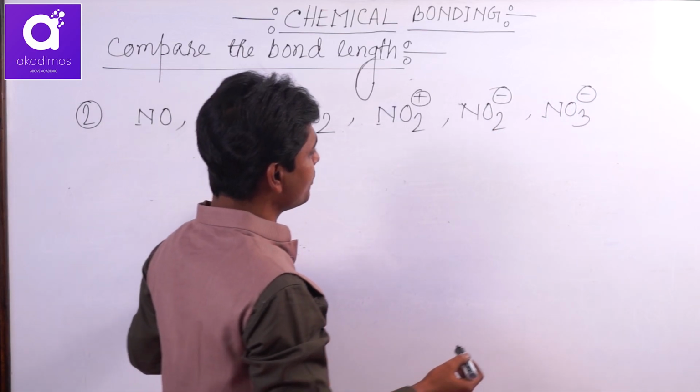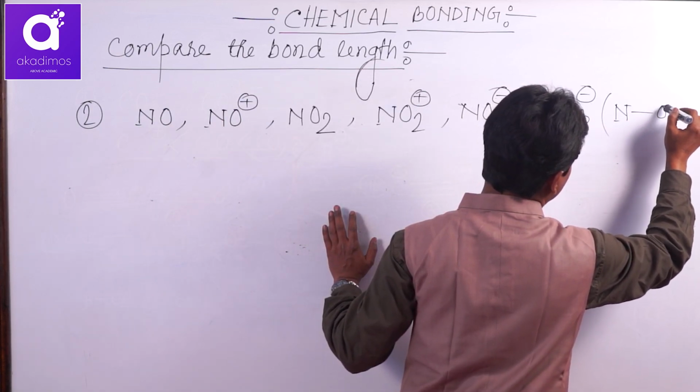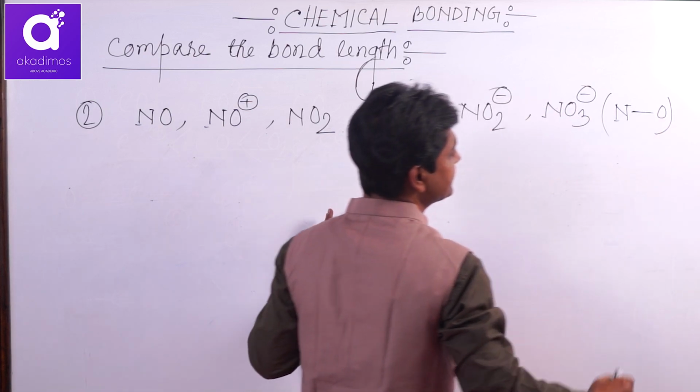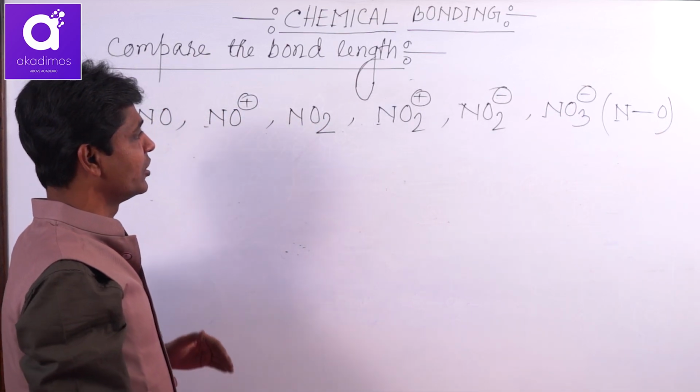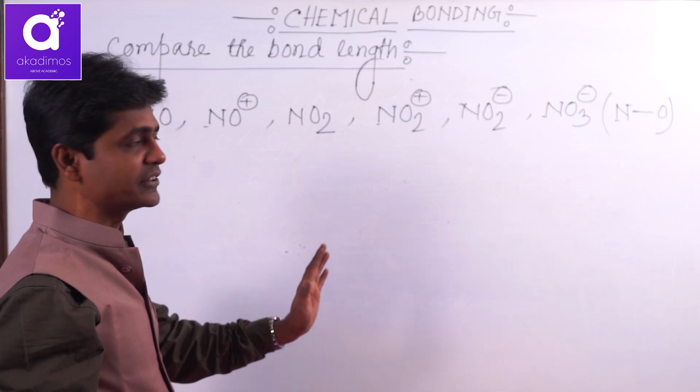Here compare the NO bond length and bond order, you will get the reverse order. If bond length increases, then automatically bond order decreases.